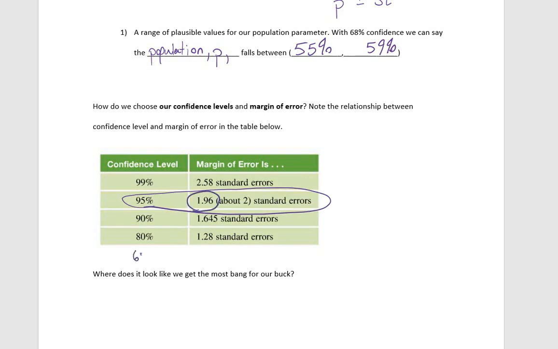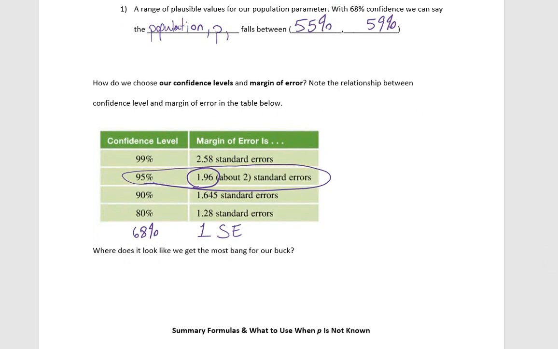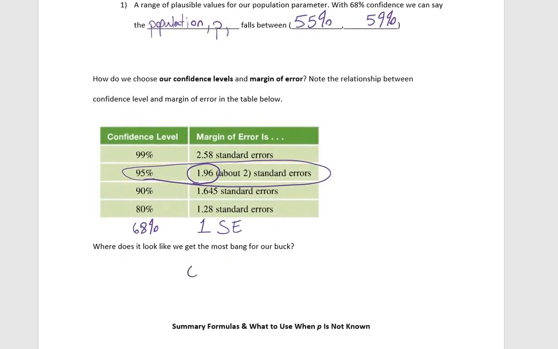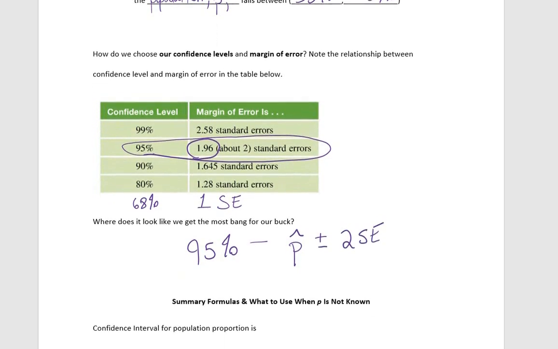If you wanted to be 68% confident, which is incredibly low, that would be 1 standard error. Remember, the margin of error is about how far off you think you are from the actual population. Where we get the most bang for a buck is the 95%, and that's calculated as p hat plus or minus 2 standard errors.